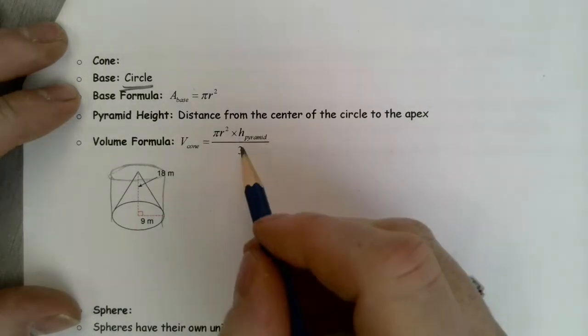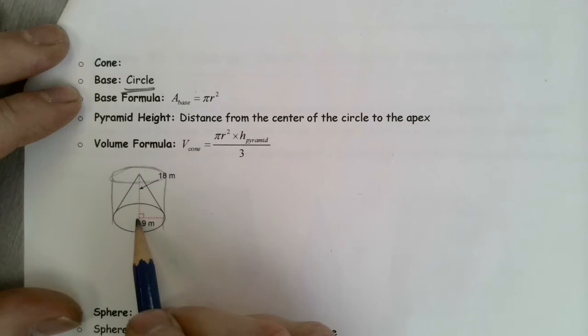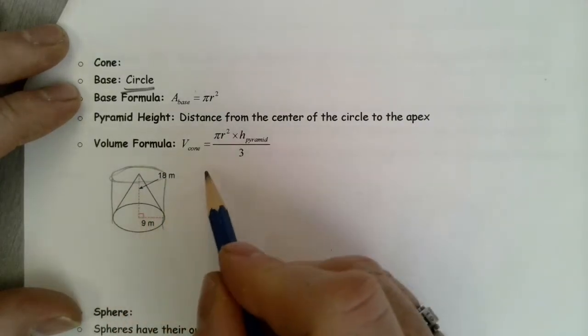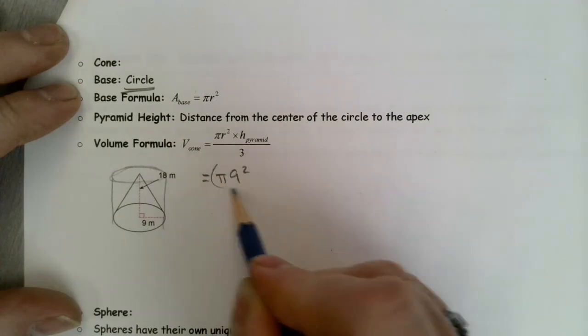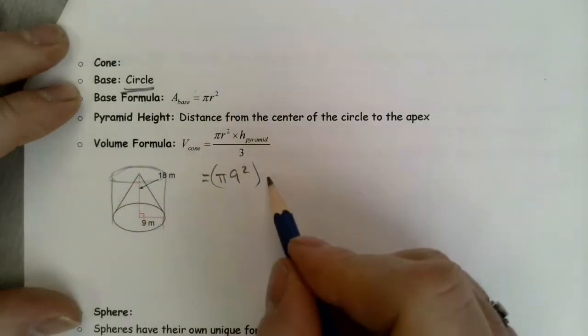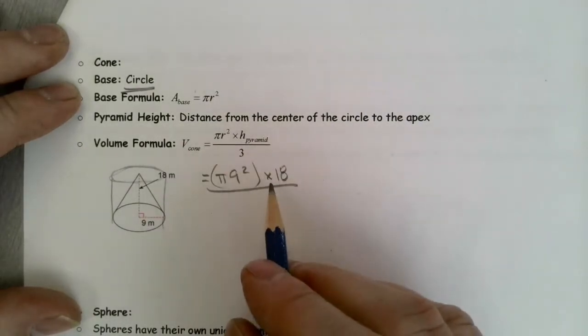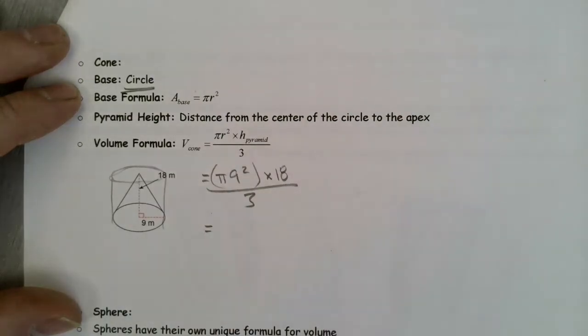So in this case here, we need the pi r squared. We need the area of the base. So the radius of the base is 9, so the area is going to be pi r squared. So pi times 9 squared. And then we're going to multiply through by the height. Okay, so that would be the volume of the cylinder. But then remember, I divide by 3. That's kind of that magic divisor here.